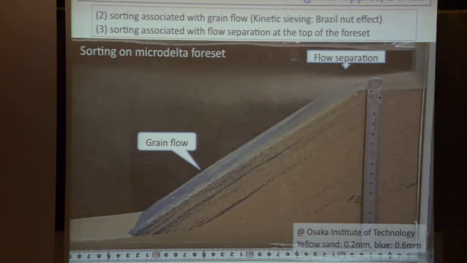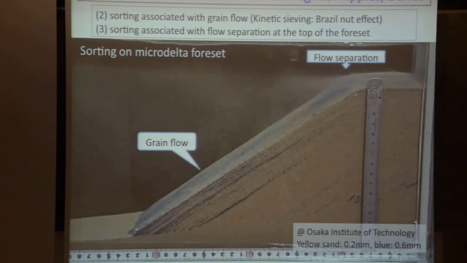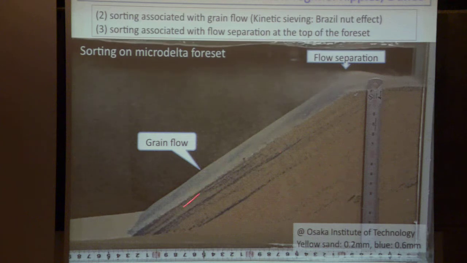And at the top of the foreset, you can see the flow separation occur, and the finer grains are captured by separated flow and jump out forward, and fall out on the foreset surface. And you can see this foreset lamina here.